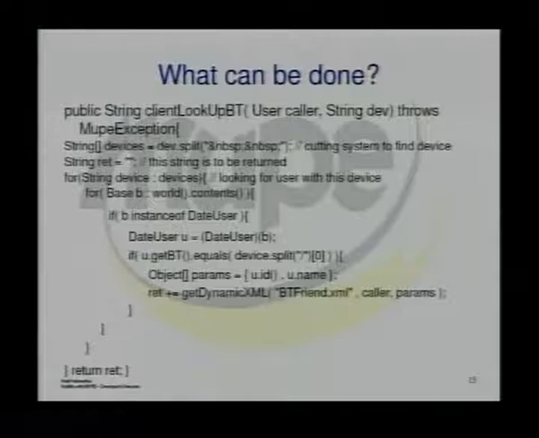The dev string has some spaces in the middle between two devices, and Bluetooth addresses and names are also separated by a slash. So that's why there's some really ugly looking code done to the dev string.